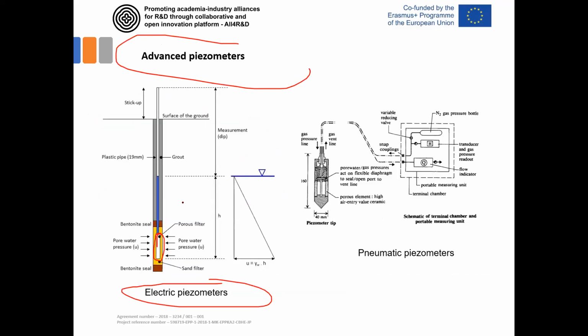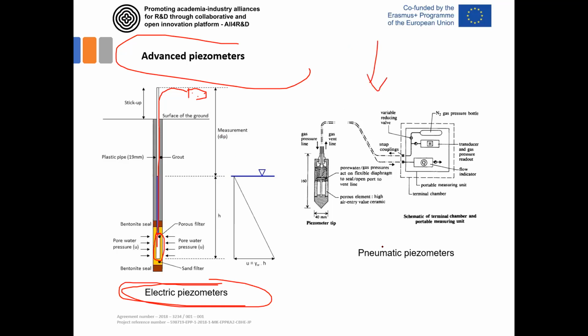Actually, it's continuously measured by the change of electric resistance of this measurement unit, since this piezometer unit is connected by cable to the readout unit located at the surface. So we can, at any moment, at any time, collect the data about pore pressure in soil.